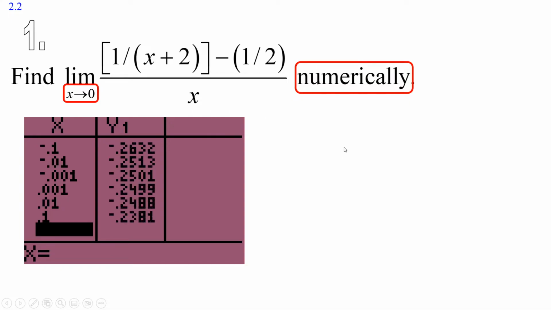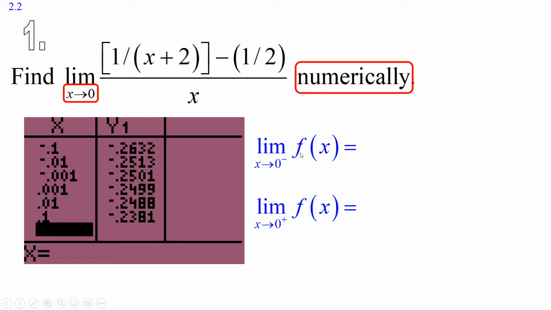So what are these outputs right here? Well, it looks to me that we are approaching a limit, and that limit appears to be from the left, negative 1/4, and also from the right, negative 1/4. So I would make the statement like this. The limit of f of x as x approaches 0 from the left is negative 1/4.